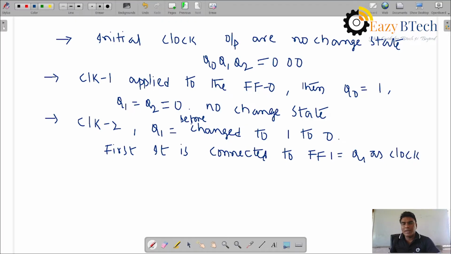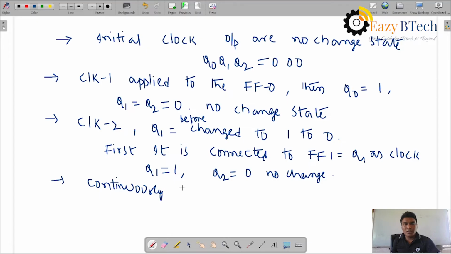As a clock it is connected, then Q1 is equal to 1 and Q2 remains 0, no change state. This may happen continuously; these functions happen continuously.